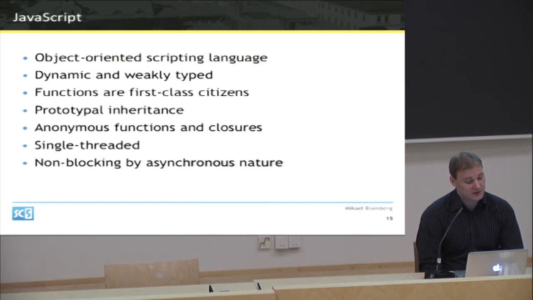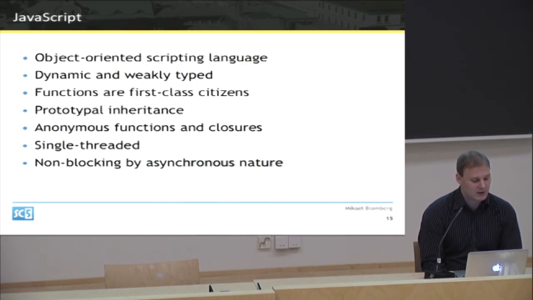Then the cool thing about JavaScript is that functions are first-class citizens. And first-class citizens means that functions can be passed around as arguments. So you can make a function that is accepting a function as an argument. Or you can make a function that is returning a function. Now this allows us to do interesting stuff.